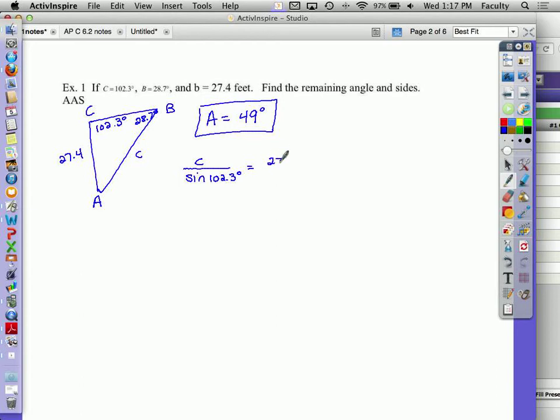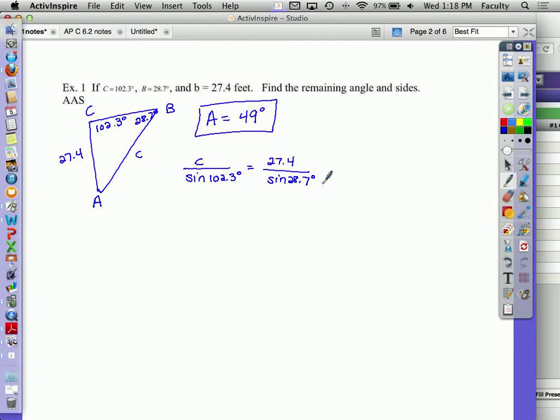So if I'm going to be looking for side C, and whenever possible, you should use your given information instead of an answer that might include a rounded answer. I don't want you to get frustrated when you check your answers in the back of the book and you're off by like 0.2 and 0.3 and 0.4. If you're using rounded answers and you round again, you get further and further off.